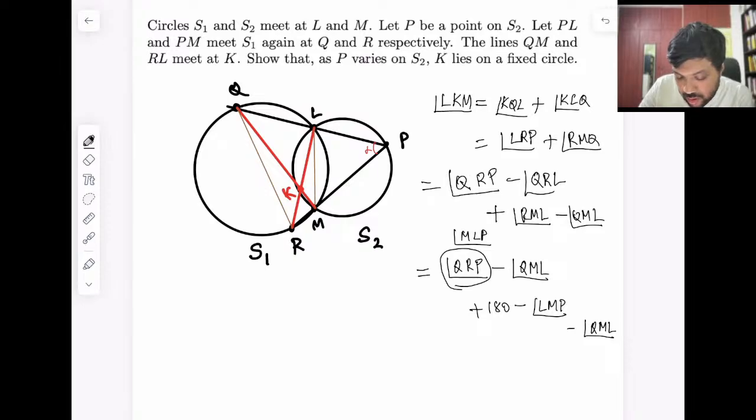But what other angles do we know? Can we use QRM is equal to MLP and all somehow?